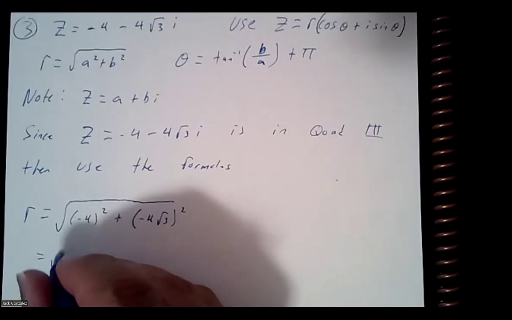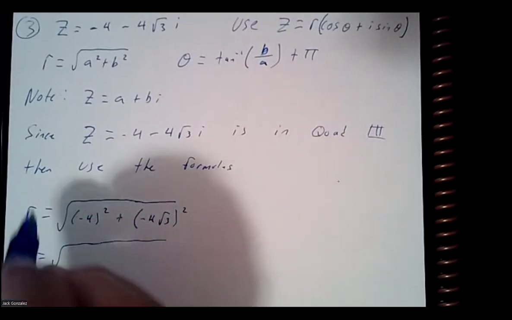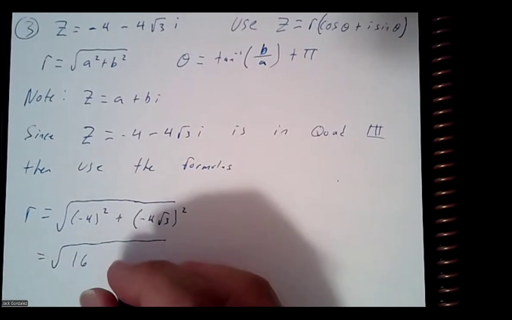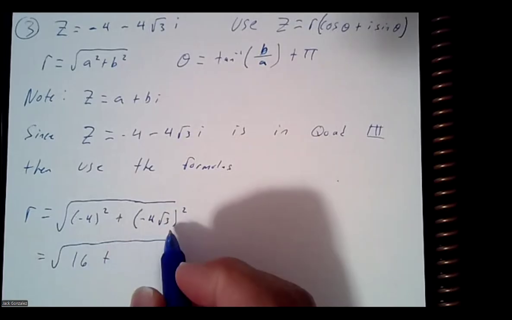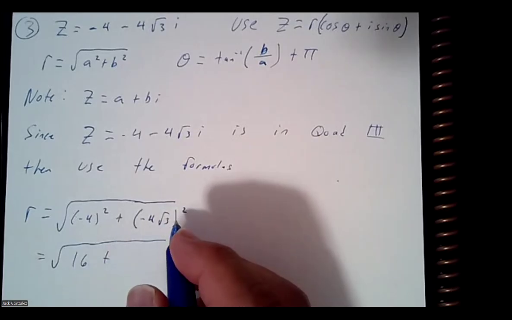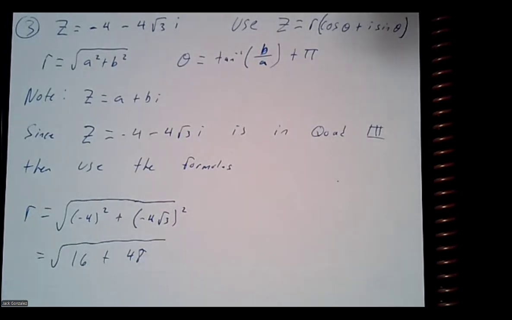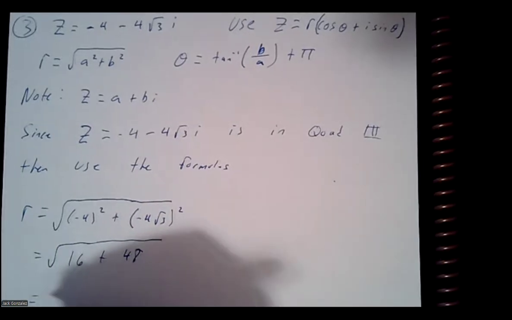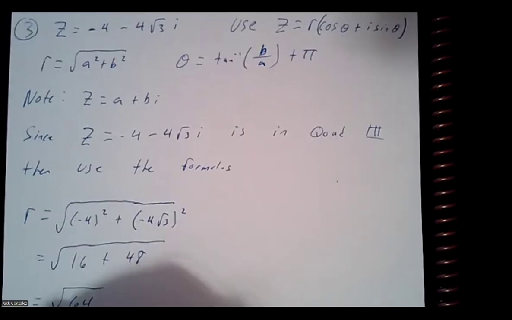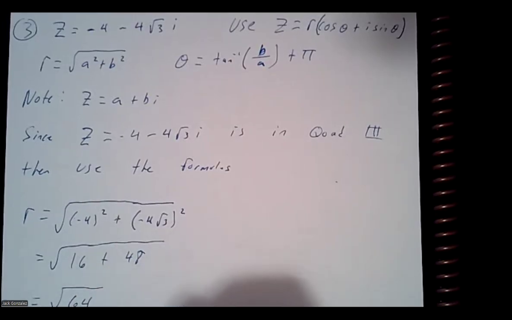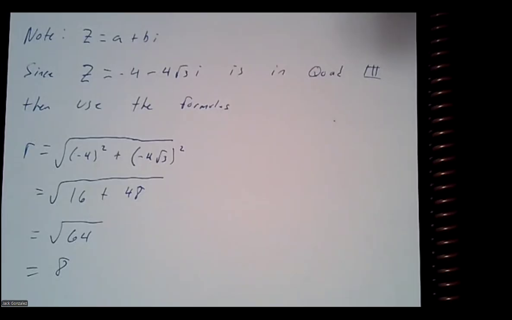So that'll be 16 plus 16 times 3. What is that? 48. 16 plus 48 is 64, which is 8. Okay, so there is R.